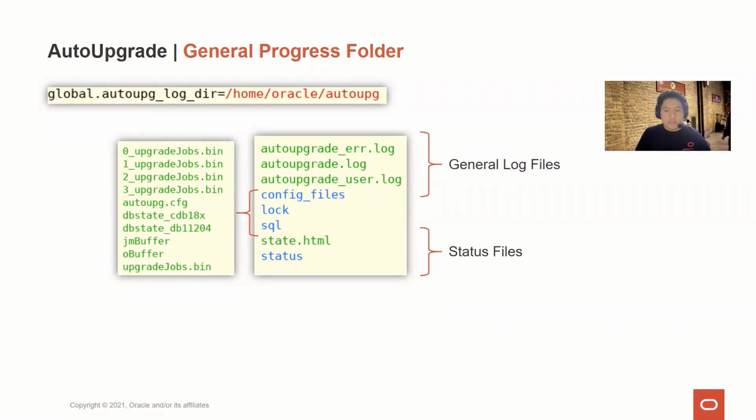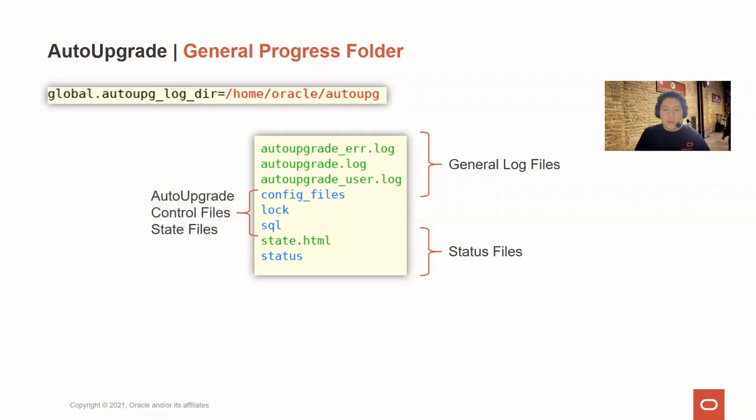On the last section, the status files, we have two major files. One is the state.html file, which has a summary of every step that was run by the AutoUpgrade and that can be consumed by you if you want to read in human readable text what's going on in the tool.